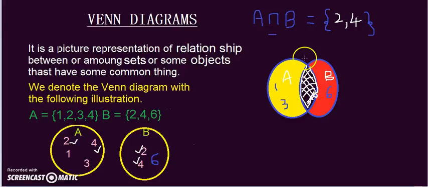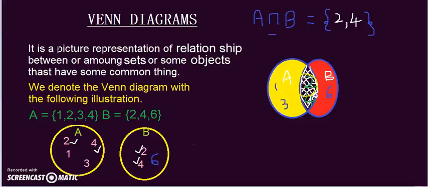The rest, which are common elements, we write in this part, which is our A intersection B. They are number 2 and of course number 4. So 2 and 4 will be the intersection, 1 and 3 is the A part and 6 is the B part.